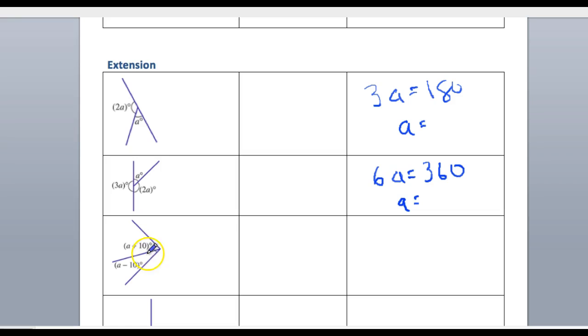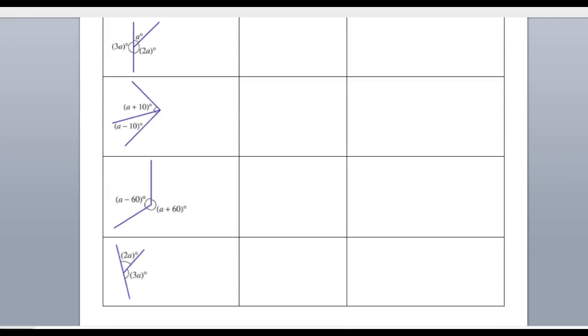This one here, we've got A plus 10 and A minus 10 is equal to a 90-degree angle. So you can say A plus 10 plus A minus 10 is equal to 90. So see if you can work out what A is equal to. Let's scroll down. And then the last two.